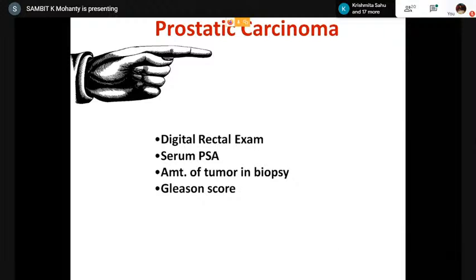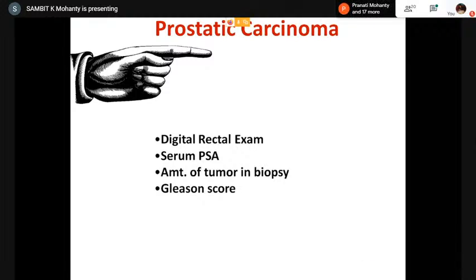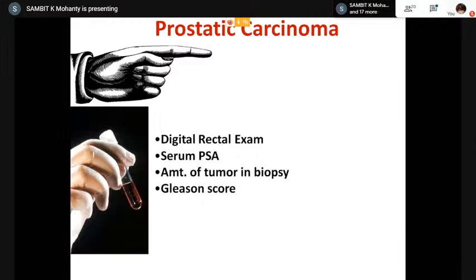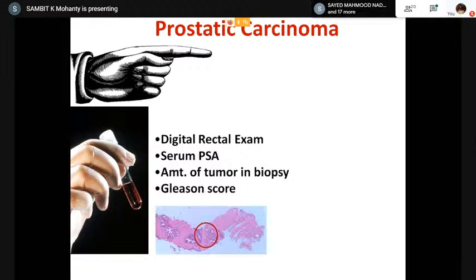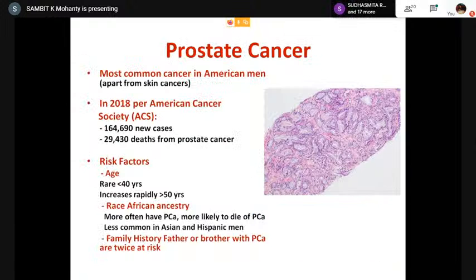In prostate cancer, the size is usually normal or lower as compared to BPH. BPH is a disease of the central zone, and prostate cancer is a disease of the peripheral zone. You can have central zone cancer, but the majority of prostate cancer derives from the peripheral or subcapsular zone. As pathologists, we need to tell them the serum PSA, the amount of tumor in the biopsy, and the Gleason score. So it was easy, right? No, it is not that easy.